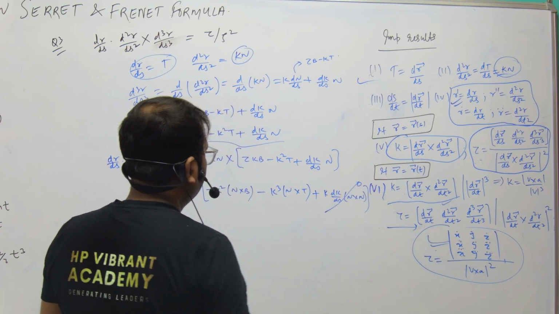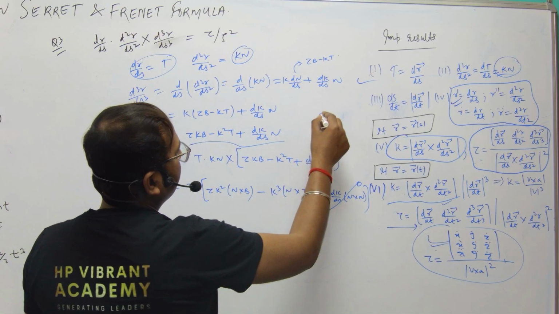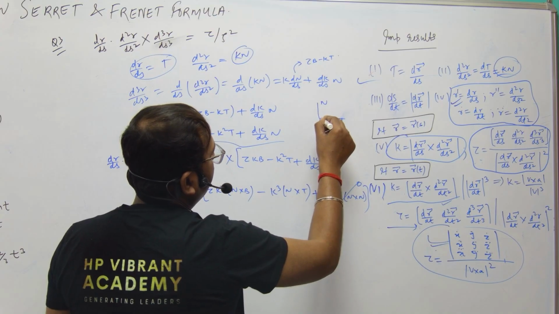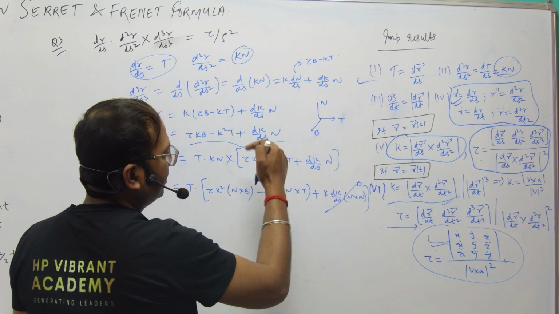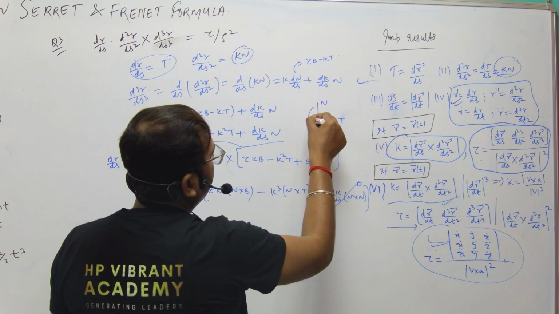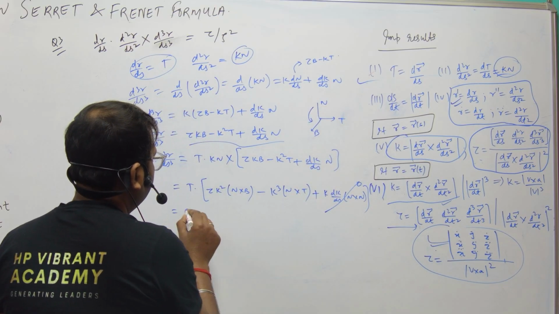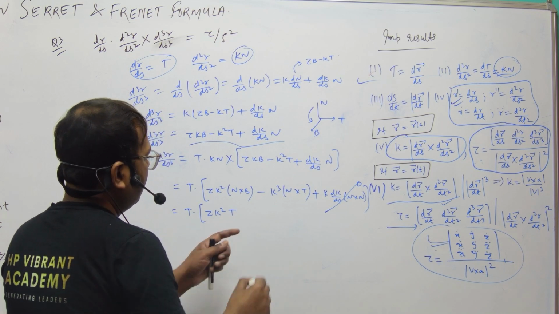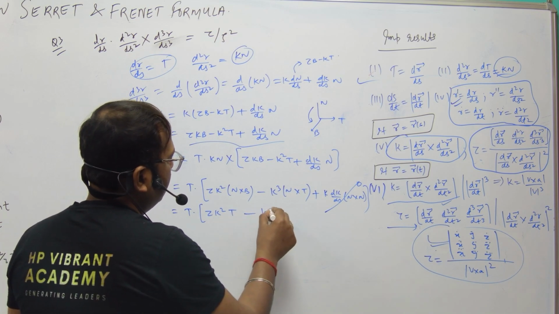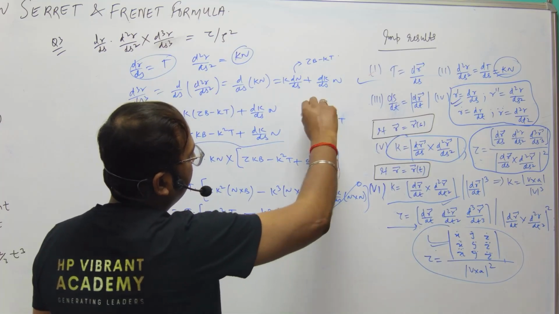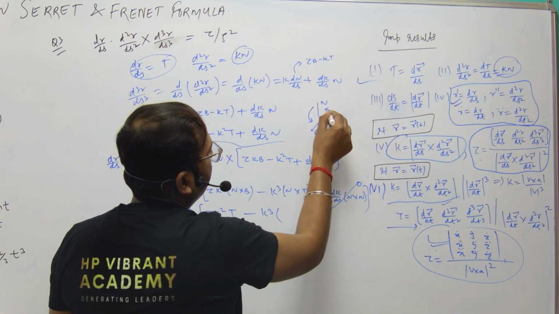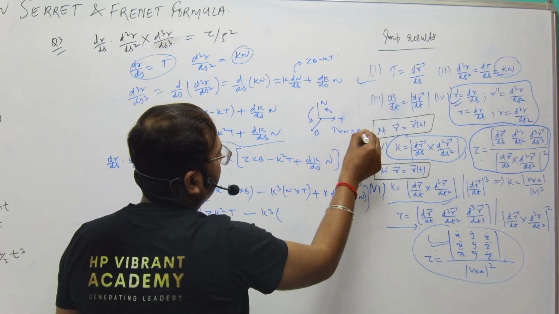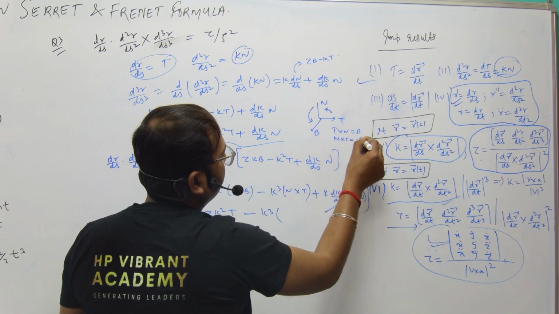From the right hand thumb rule, t is the unit tangent vector and n is the principal normal. We have to find n cross b. So this is t dot (tau k square t minus k cube n cross t). We have t cross n equal to b, so n cross t is equal to minus b.